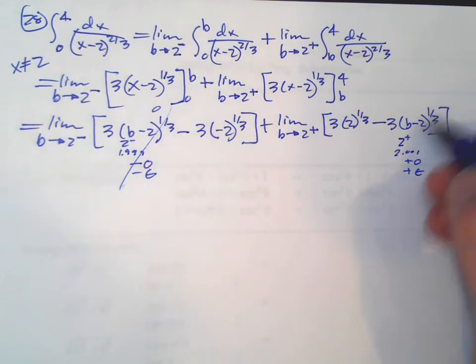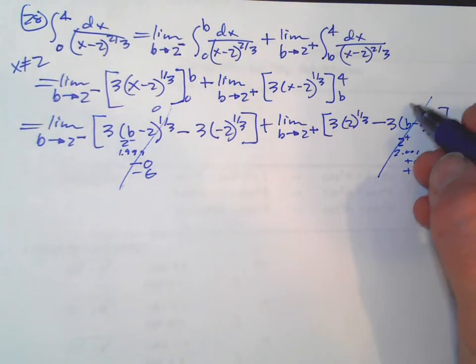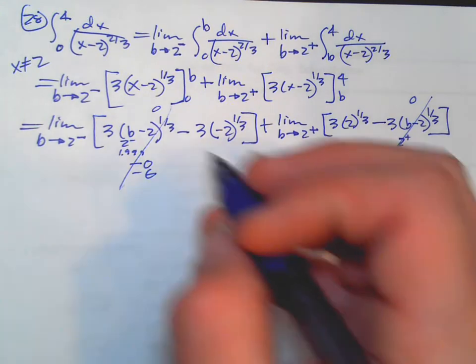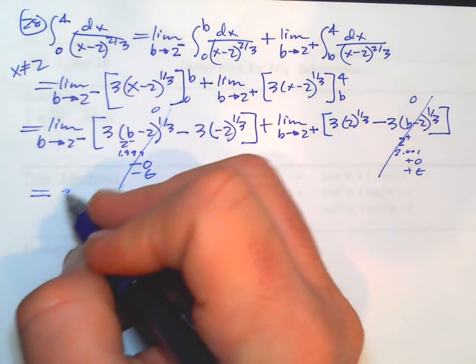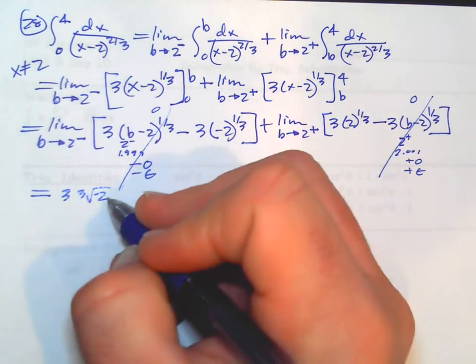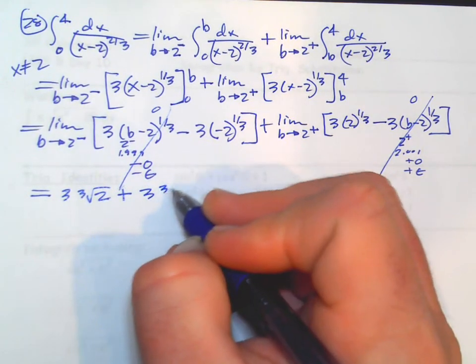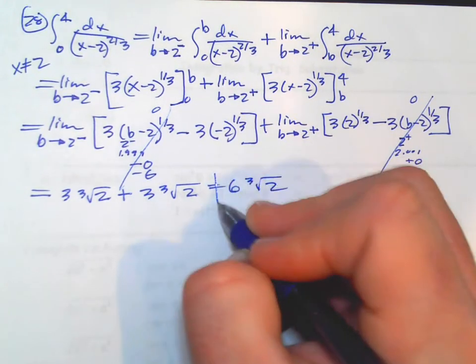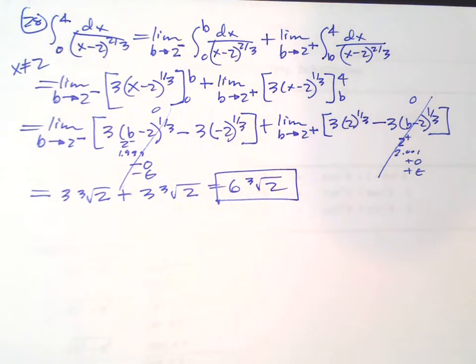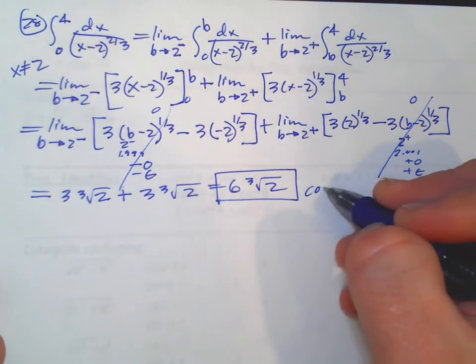But cube root of that times 3, well, that's nothing. That goes to 0. So what's left is positive 3 cube root of 2 plus another 3 cube root of 2. So 6 cube root of 2. It converges.